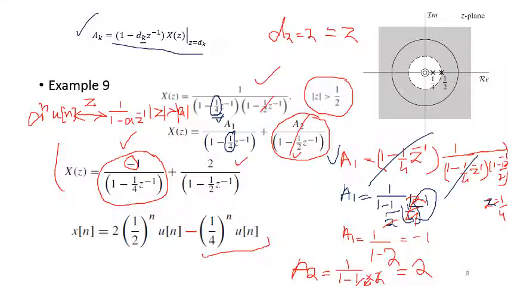Similarly for the second term, this is scaling, so you write 2 here, and for the rest, if you look at this one, then a is basically 1/2. So (1/2)^n u[n], right? Hope this gives you an idea. That's quite straightforward now.